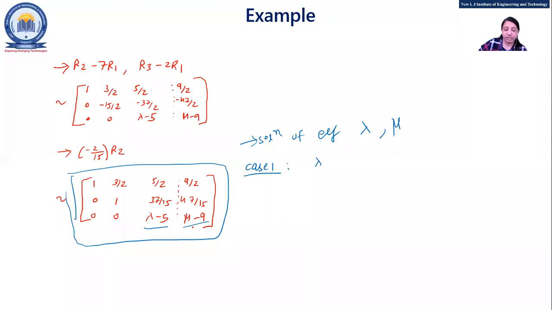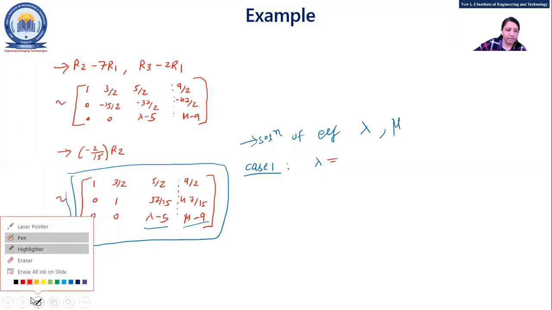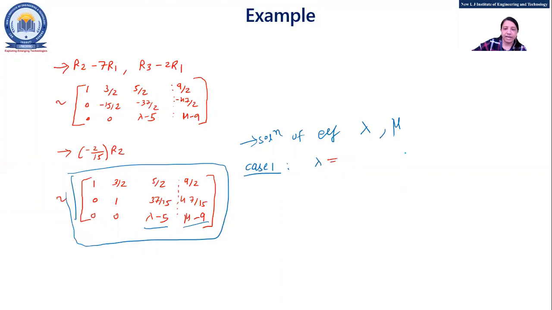For example, we assume lambda equal to 5 and mu equal to 9. Then both become 0, so this element becomes 0, and the other one also becomes 0, so the whole row is 0.